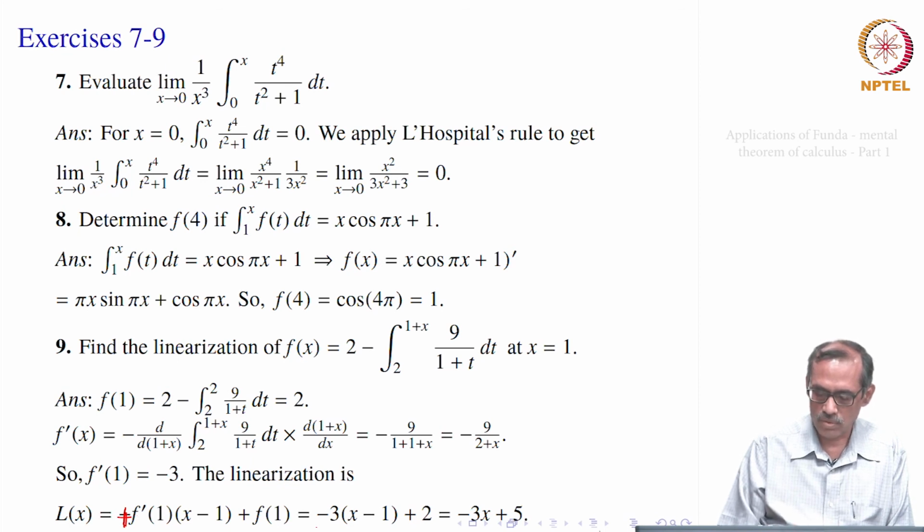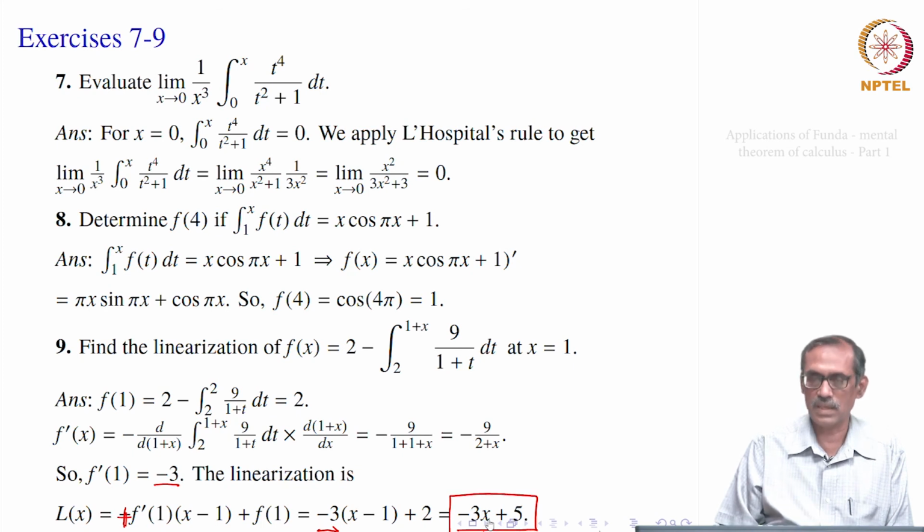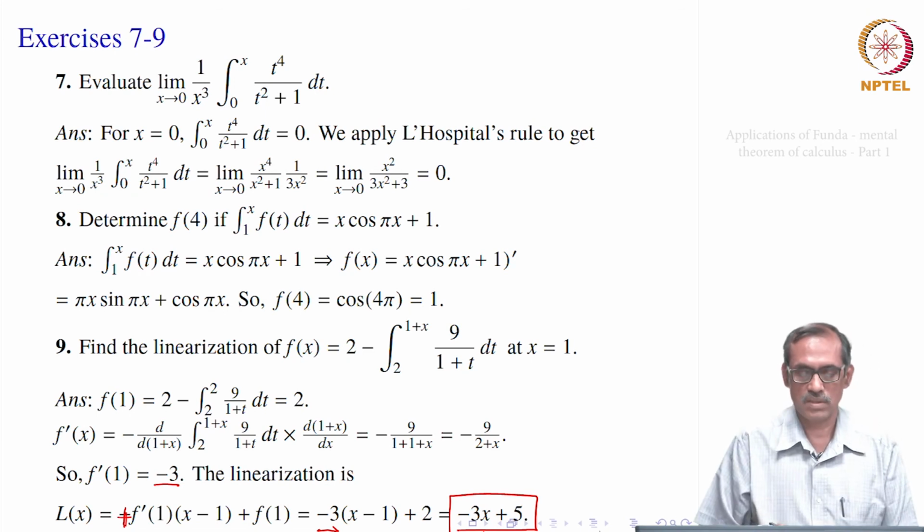So, that gives you f of 1 plus, what is f prime 1? It is minus 3. So, this expression is correct. It is minus 3 into x minus 1. So, that gives you minus 3x plus 3 plus 2, which is minus 3x plus 5. That is the linearization near x equal to 1. So, let us stop here.